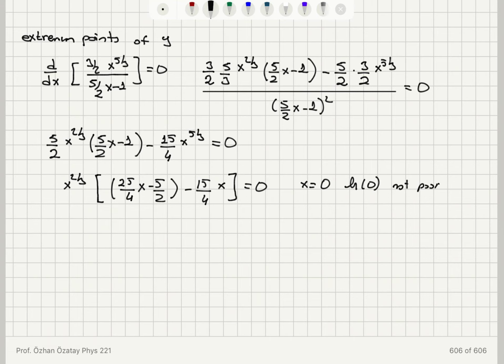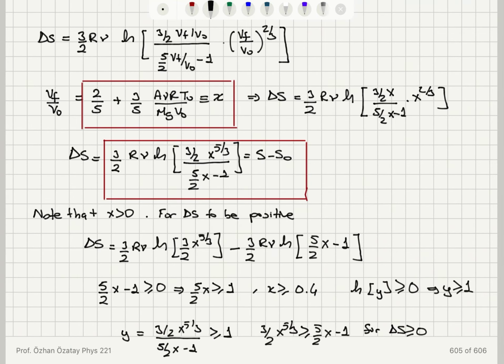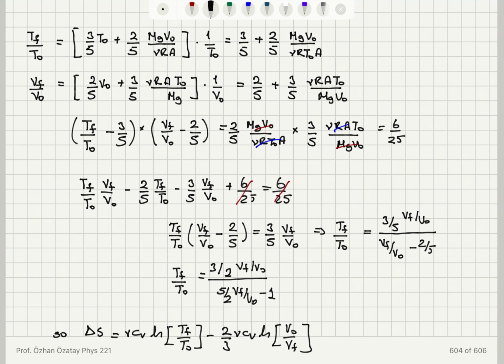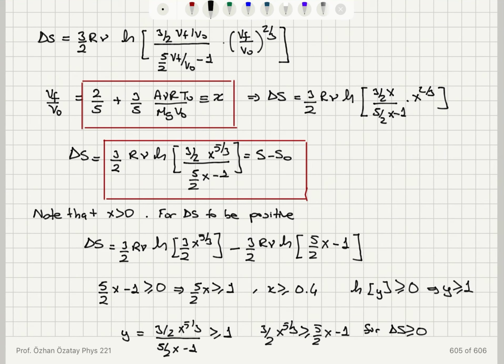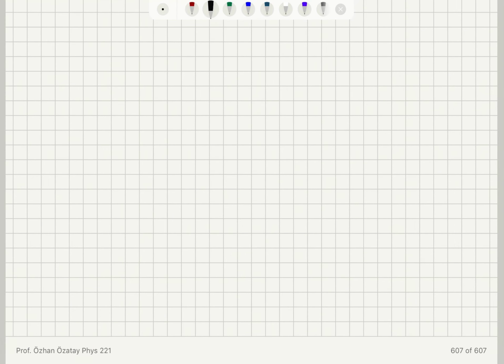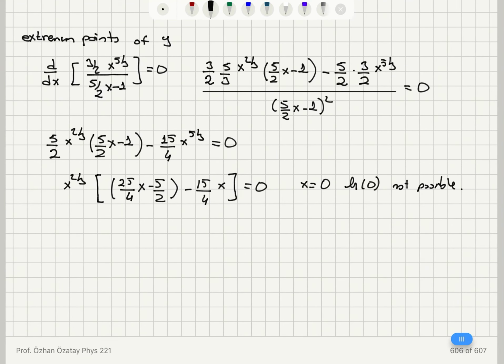That is not possible. x equals 0 implies, so let me look at the definition of x. x was defined here, so that means V final is equal to 0. So since V final is not 0, this is not possible. So I cannot take this as an answer.